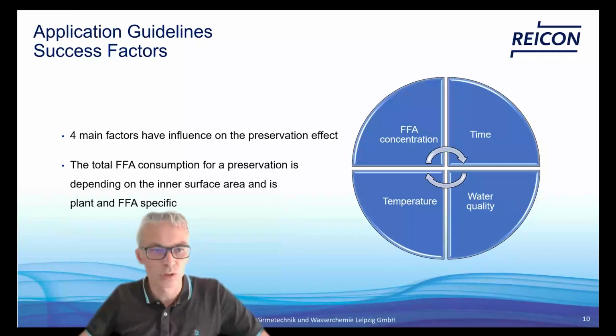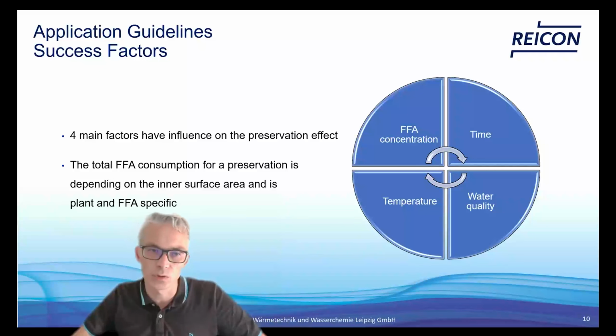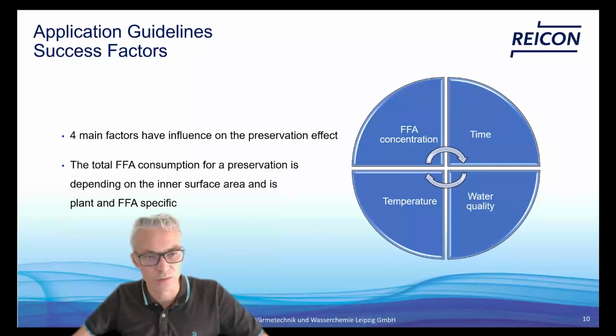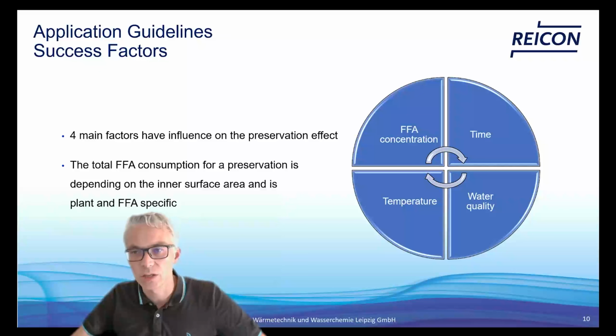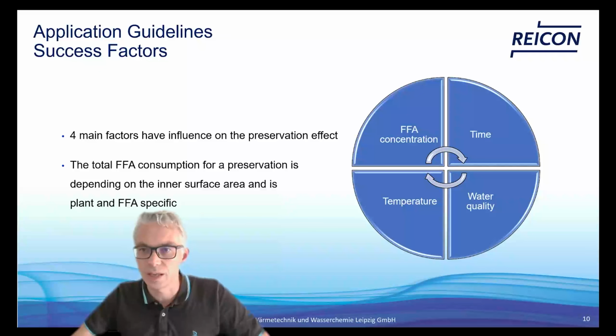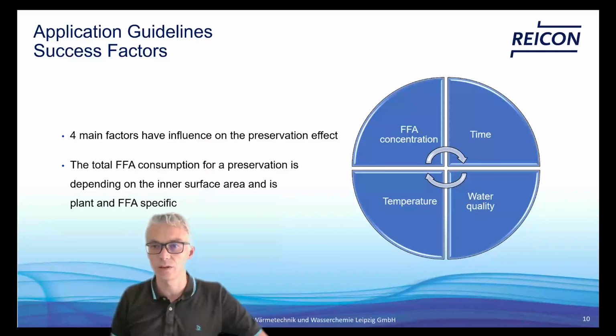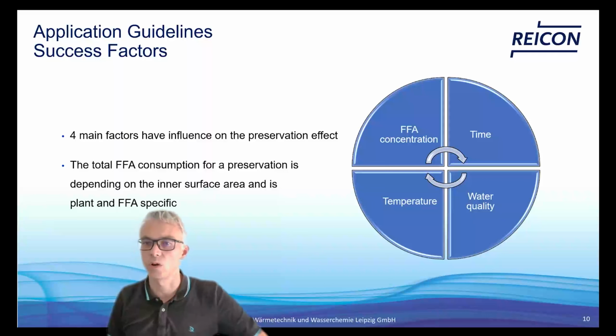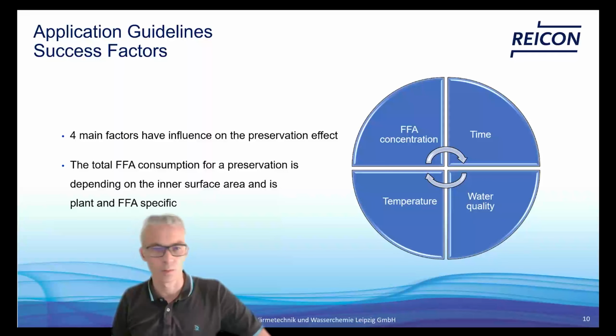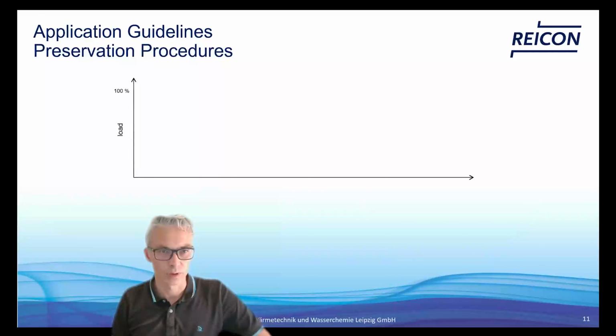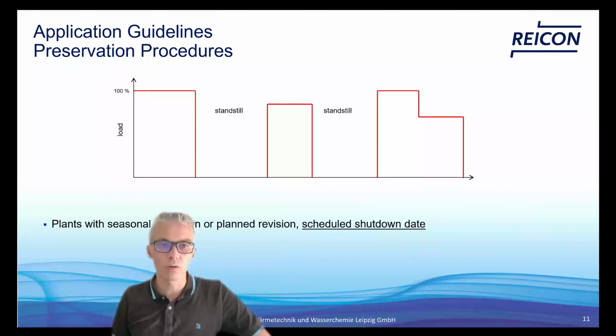The total consumption of the film-forming amine depends on the surface area which needs to be covered, and this is plant specific and also specific for every FFA substance. So you can play with the concentration and with the time, and the total amount will be the same. So if you have less time for the treatment, then you need to increase the concentration and run with a high concentration. If you have more time, you can go low with the concentration and take more time to build up the layer. So this is somehow shown here.